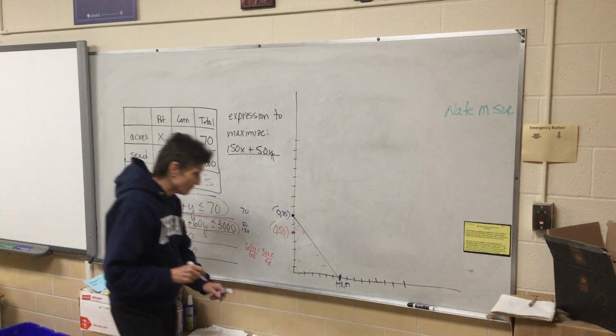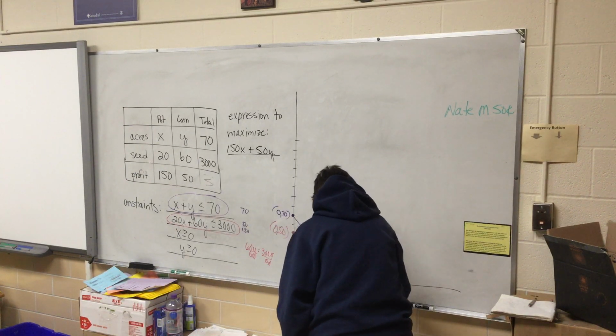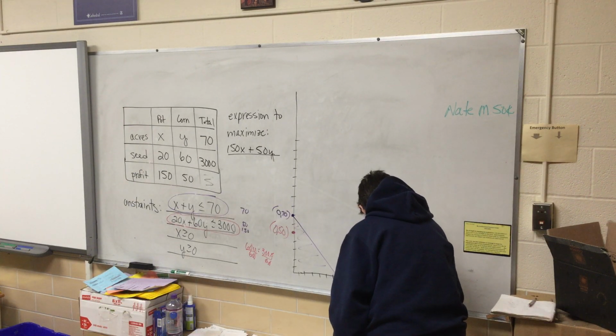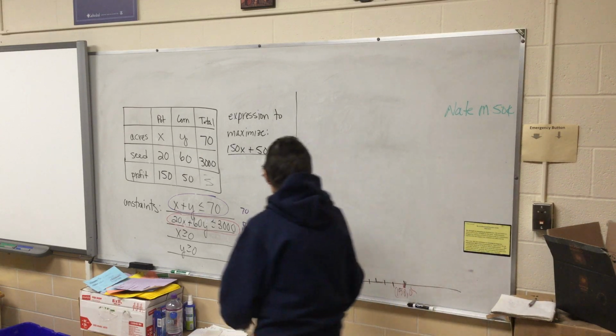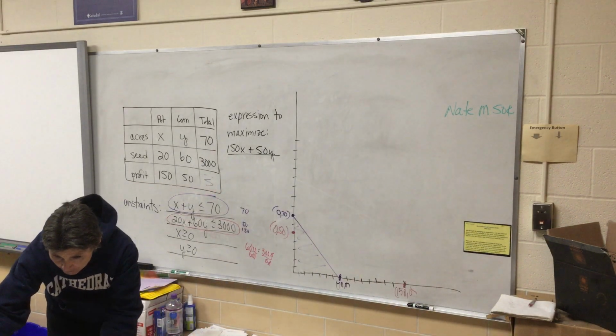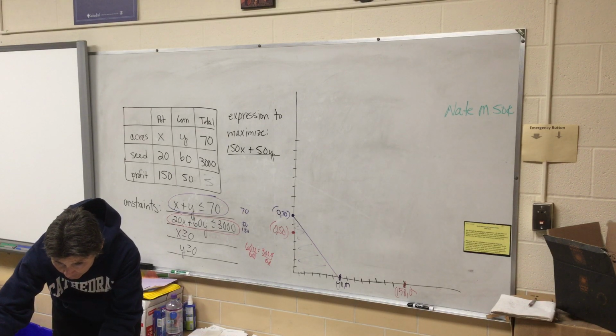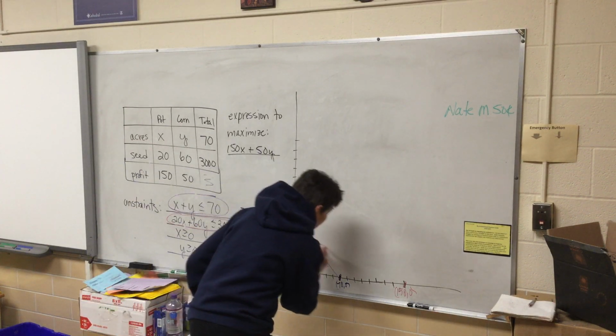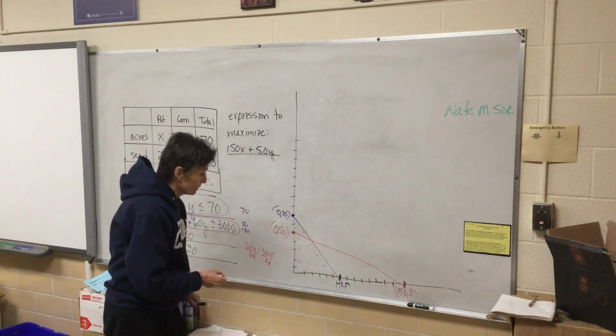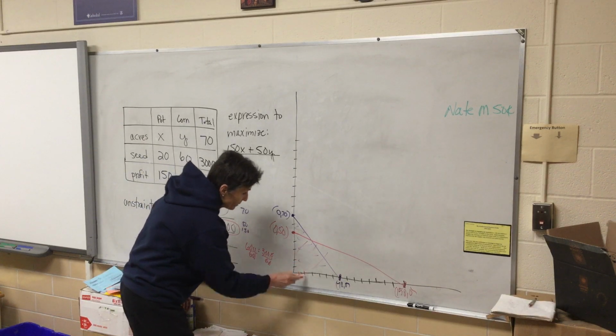So x is 150. So 7, 8, 9, 10, 11, 12, 13, 14. It's clear out here. So I'm going to go ahead and connect those two dots with a nice straight line. And that one's also shaded underneath.